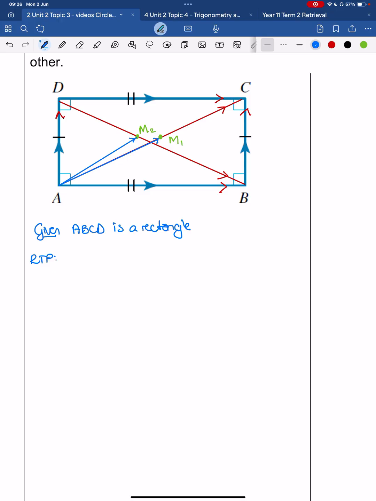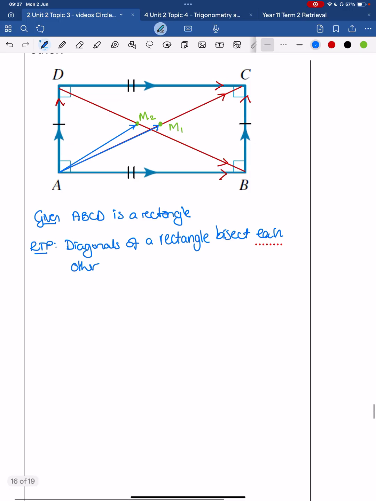So what I need to prove is that the diagonals of a rectangle bisect each other.